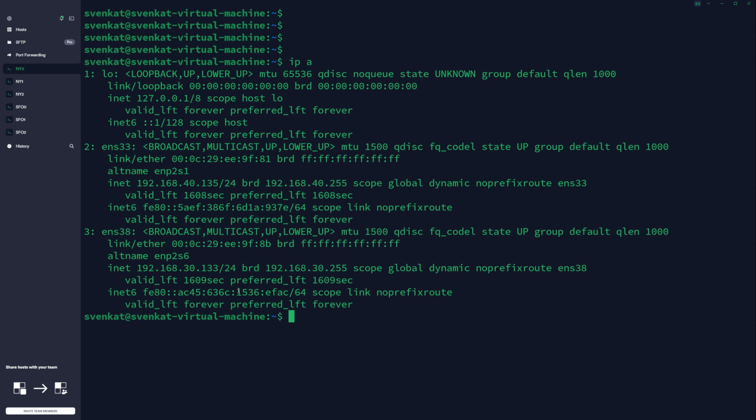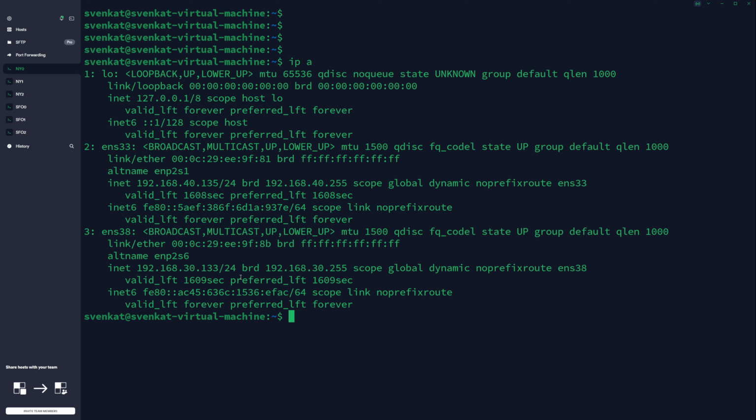The other two, ens33 and ens38, are the two network interfaces connected to the New York 0 computer. One carries the 192.168.40 address, in this case 192.168.40.135. The other one is connected to the 30 network, 192.168.30.133.